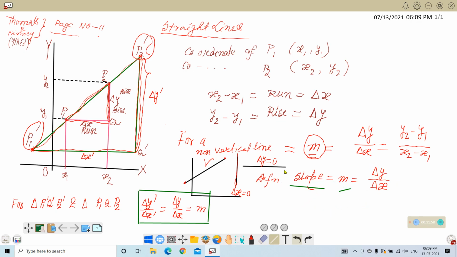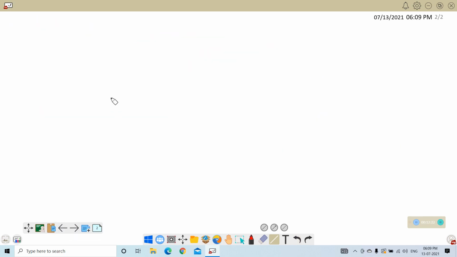So this has been discussed from page number 11, and we have to discuss the next topics further. Let us take another page and draw another picture. You have to wait for that. Second page.